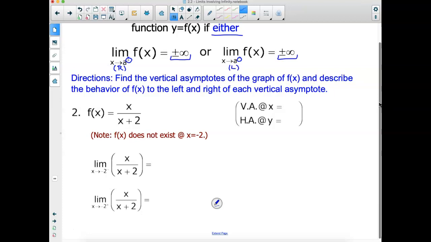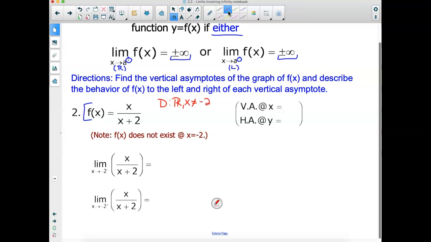You need to be able to look at some of these functions. Granted, and don't freak out when I'm saying you need to know this. You do need to know this, but you're going to get to it. But these are baby functions here, okay? You need to be able to look at this function right here, f of x.